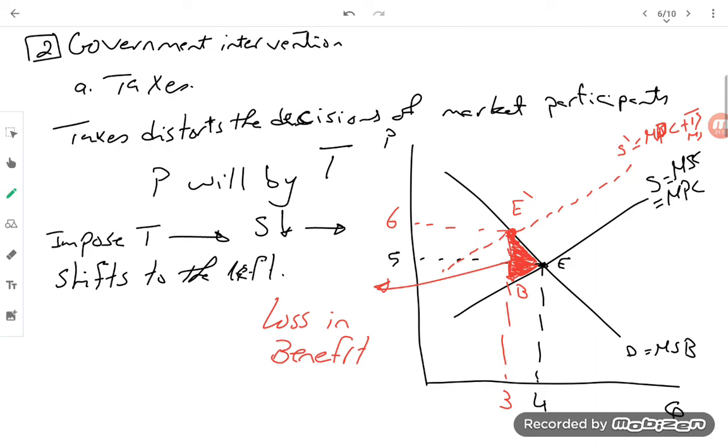As a result, equilibrium quantity is going to decrease from 4 to 3, and the equilibrium price is going to increase from 5 to 6, and there is a welfare loss equivalent to the area of triangle E dash E B, as if there is no increase in taxes, this quantity can be purchased at 4, for example.